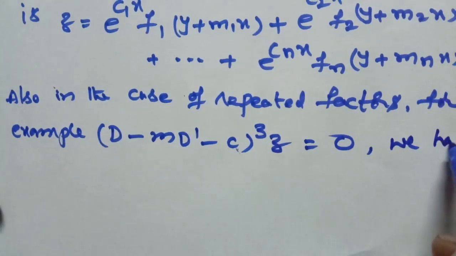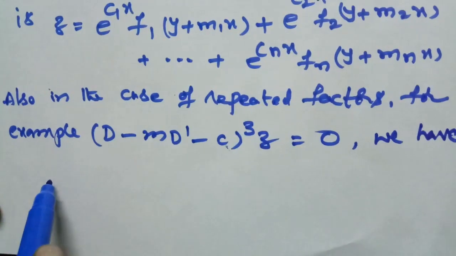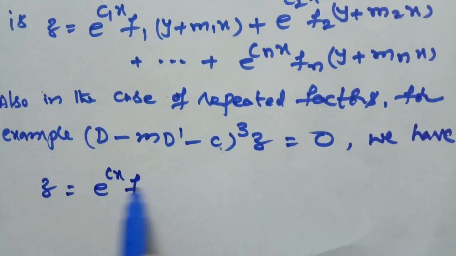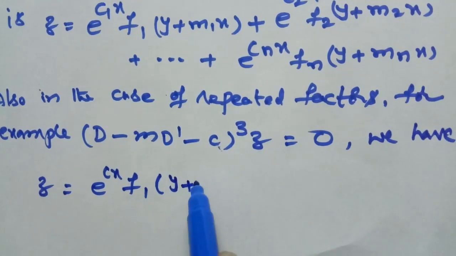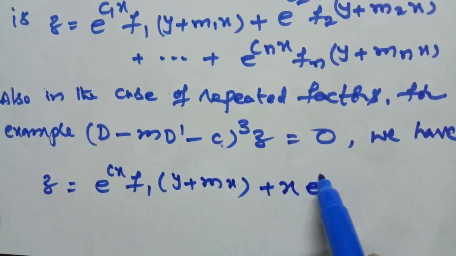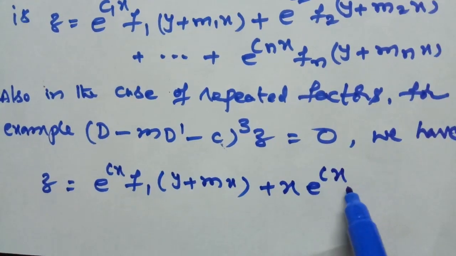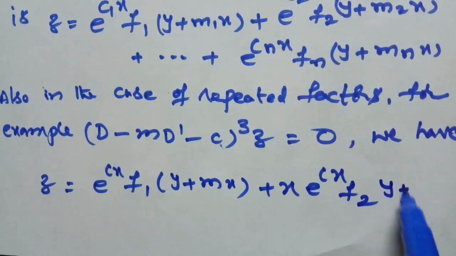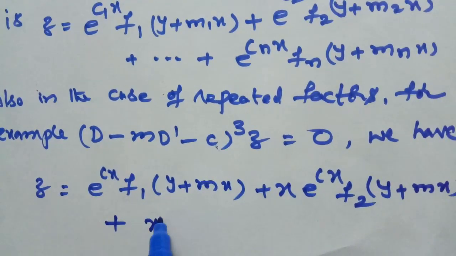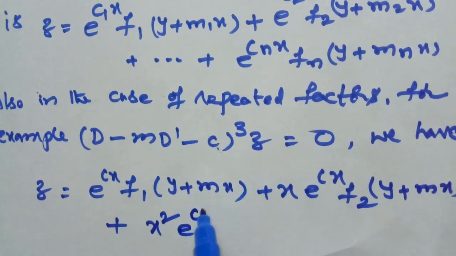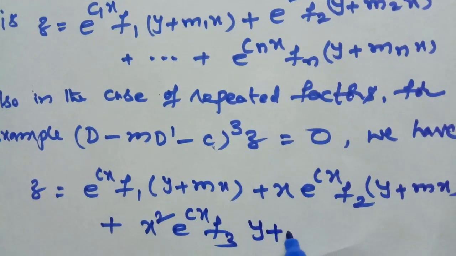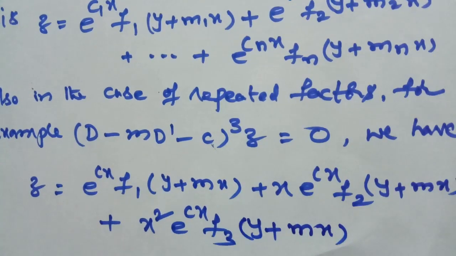We have z is equal to e to the power of cx into f1 of y plus mx plus x into e to the power of cx f2 of y plus mx plus x square into e to the power of cx into f3 of y plus mx.